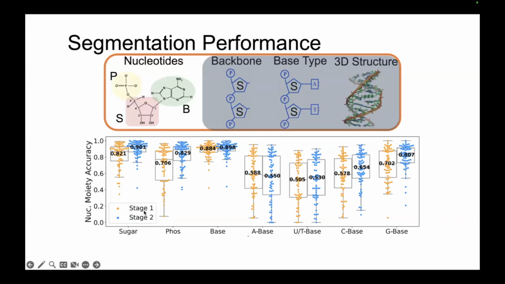In many cases, stage 2, the second prediction, improves the performance of the sugar, phosphate, and base predictions. And also the base type predictions, yeah, they did not change much, but the cytosine and guanine predictions improved a lot. So by using the two-step prediction, CryoREAD enhances the performance.